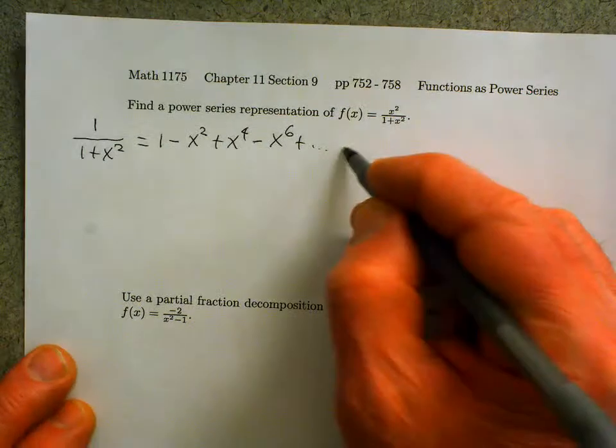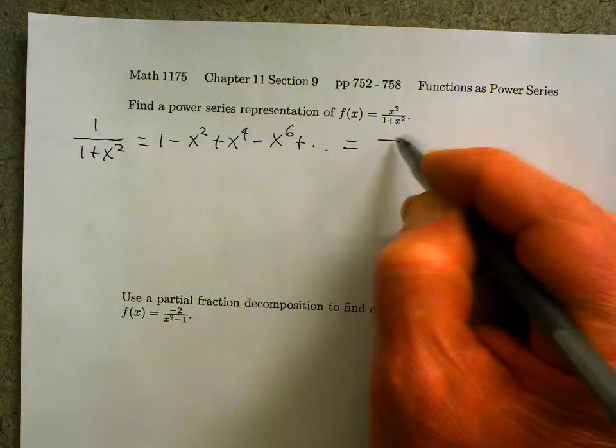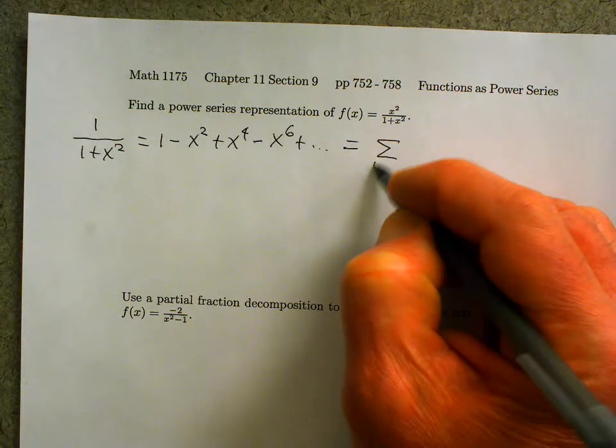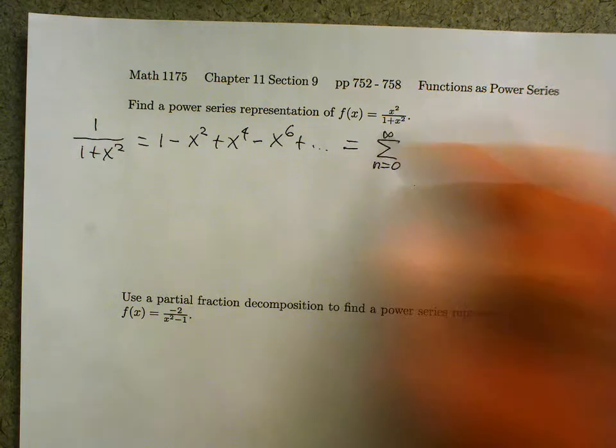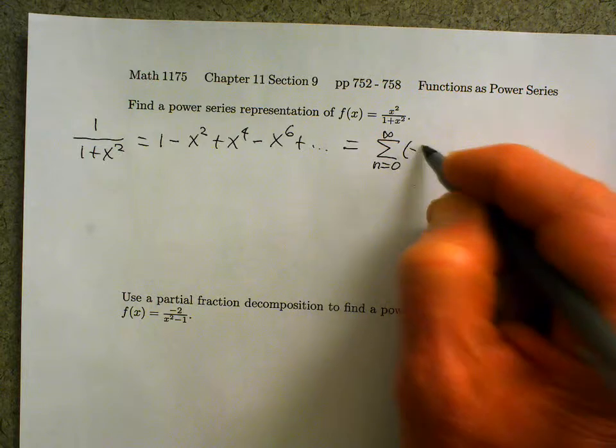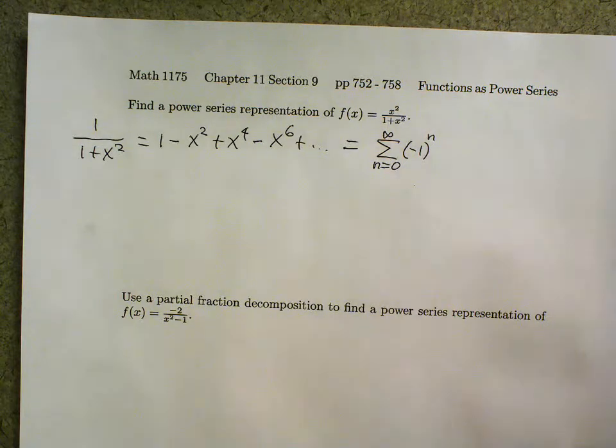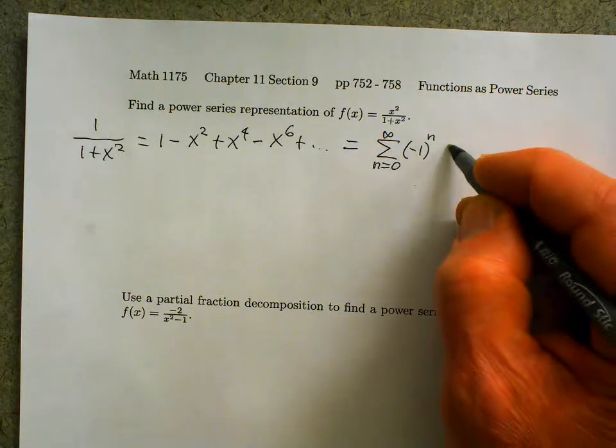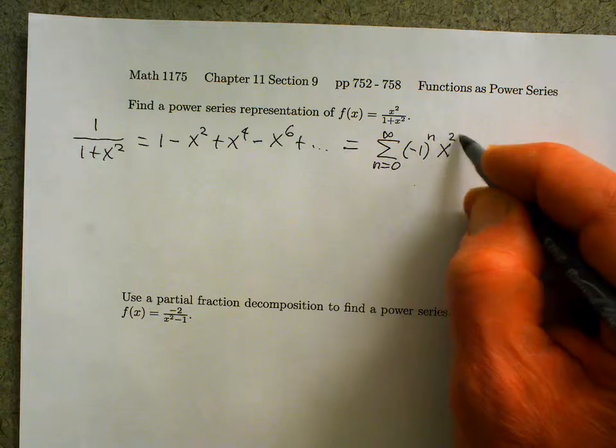So in sigma notation, this is the series n starts at 0. It's alternating. And the terms are x to the 2n.